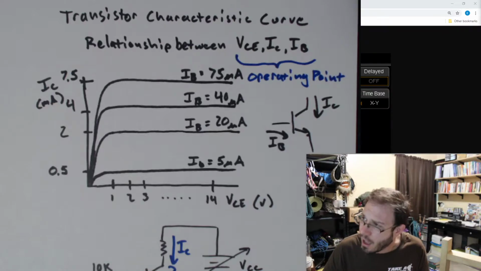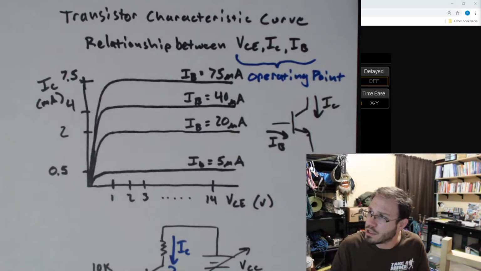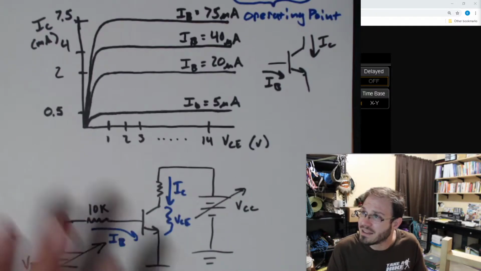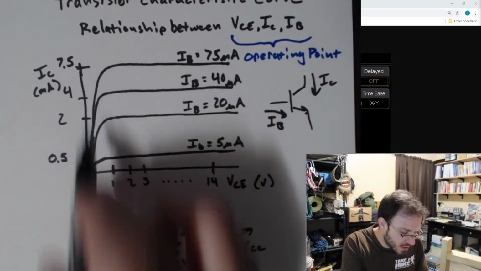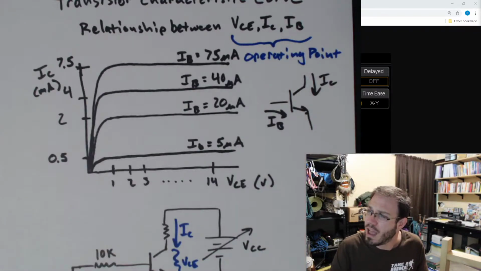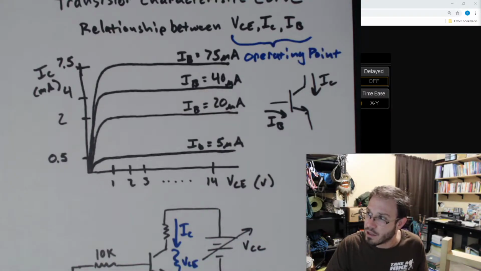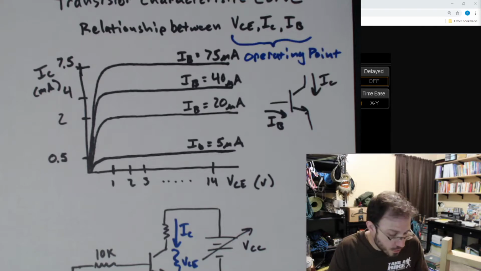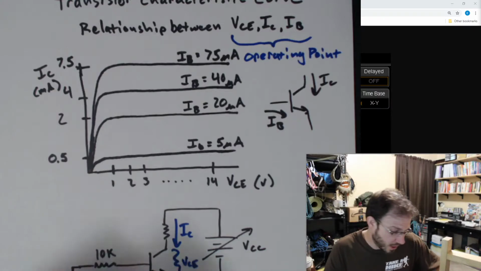They'll give you many other drawings in the data sheet, but this one would be one of the primary ones that you would want to look at, and we'll see why in a minute. Some of the details that we can extract that are useful from this characteristic curve, and also another tool that we can go ahead and use to understand how a transistor operates in our circuit.